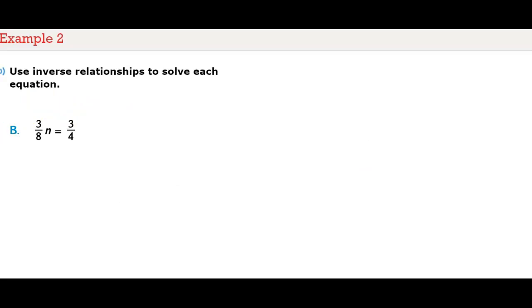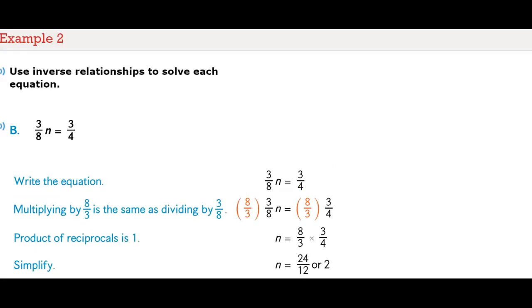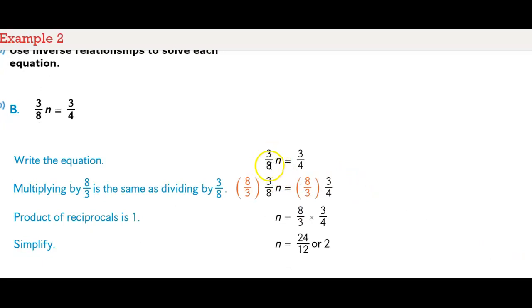Part B. 3/8 times n equals 3/4. Once again, you rewrite the equation. This time we're multiplying. So the variable, to get it by itself, you have to now divide instead of multiplying.